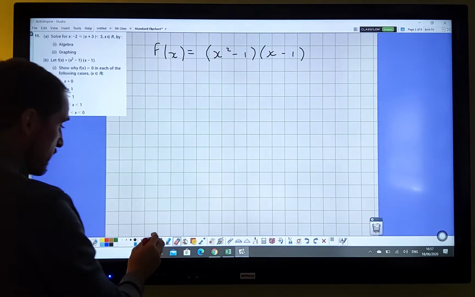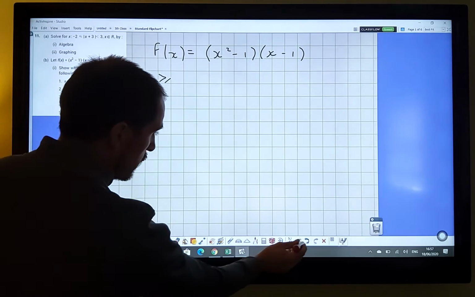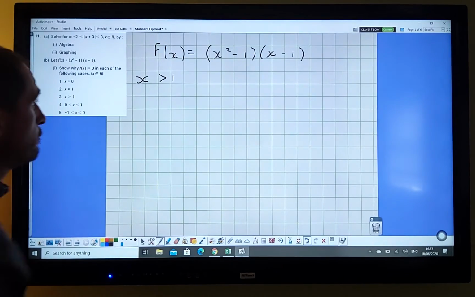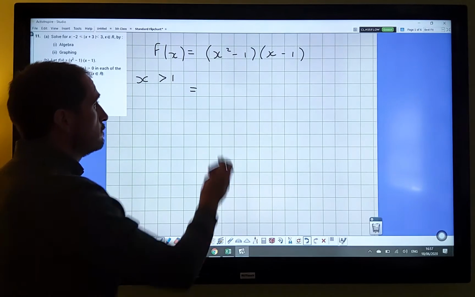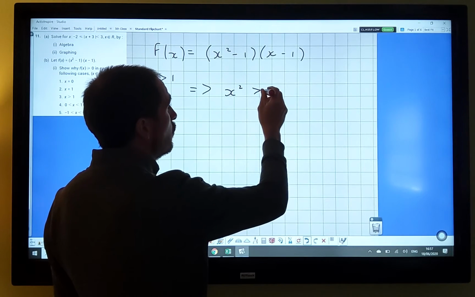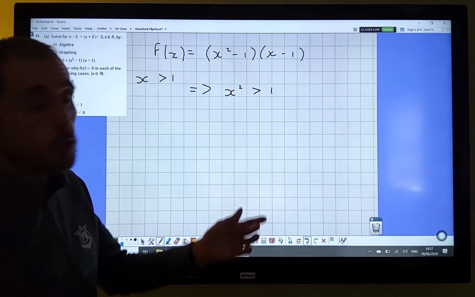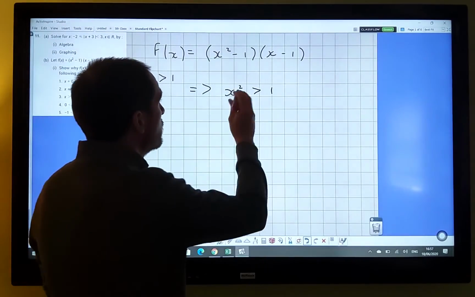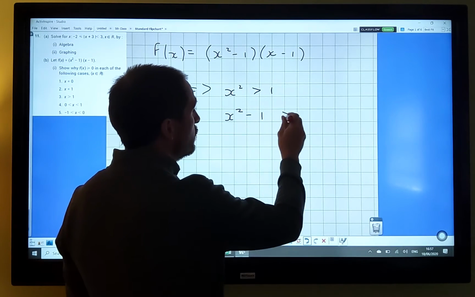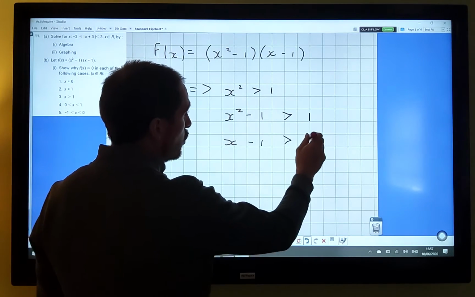So we're asked if x is greater than 1. If x is greater than 1, then x squared would also be greater than 1. If you take 1.01, a number just a fraction bigger, x squared would be greater than 1, so x squared minus 1 would be positive, and x minus 1 would be positive.